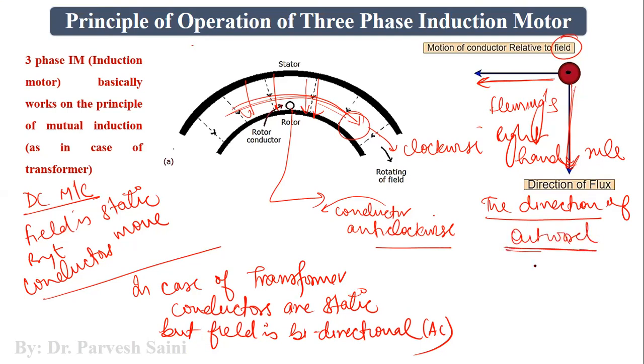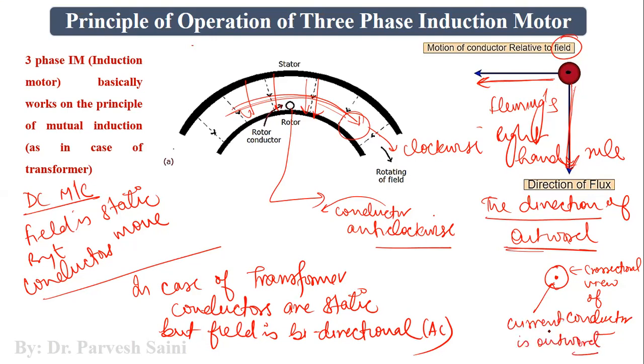It is outward, right? And outward direction of an EMF or current is always shown like a dot in a circle. So this is the cross sectional view of the conductor. So the current is outward, right?